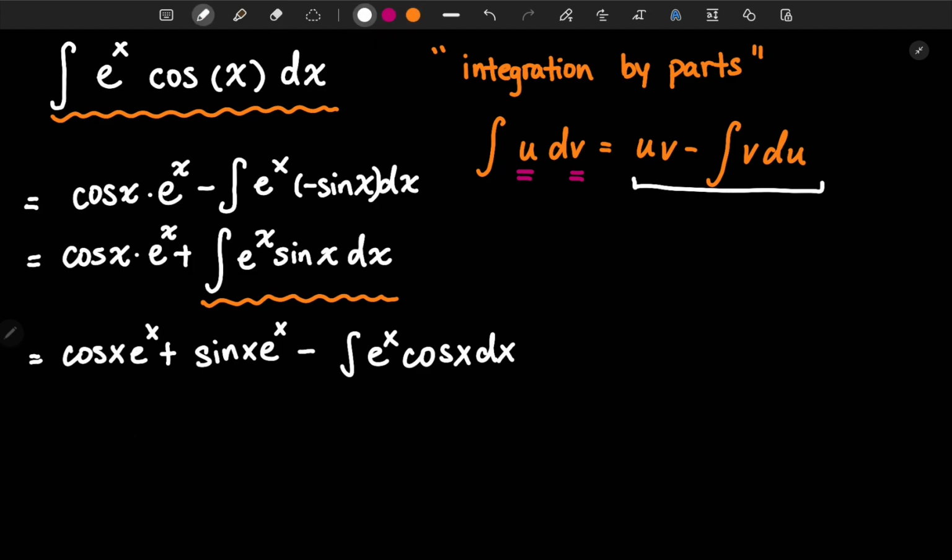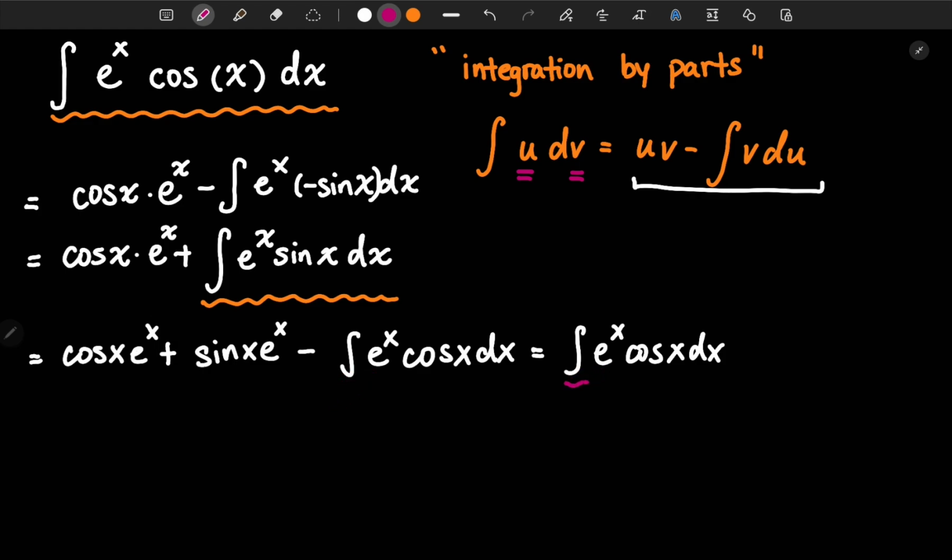So this part here, remember what our original equation is equal to, which is the integral of e to the x cosine x dx. That's our original equation, that's the thing we want to calculate. Okay, so now we see why this can simplify our calculation.